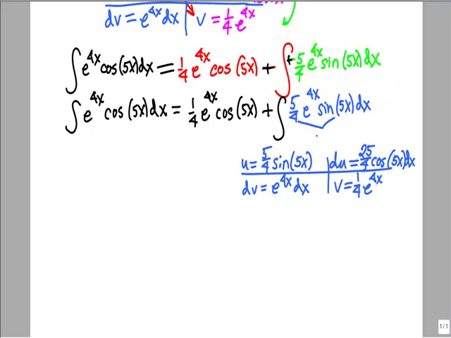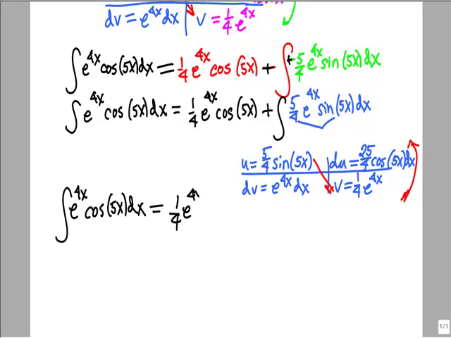So when I do this part, I'm going to have a uv minus v du. So look at what I get now, everyone. I get that the integral of e to the 4x cosine 5x dx is 1/4 e to the 4x cosine 5x plus, and now I'm doing this integral, which is another integration by parts.